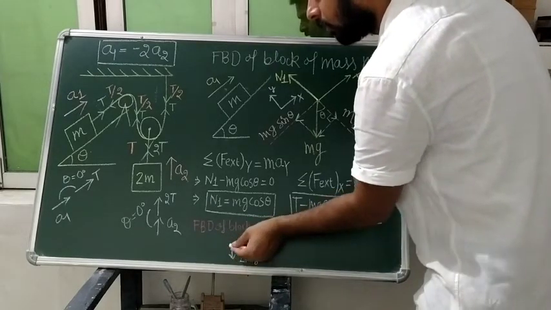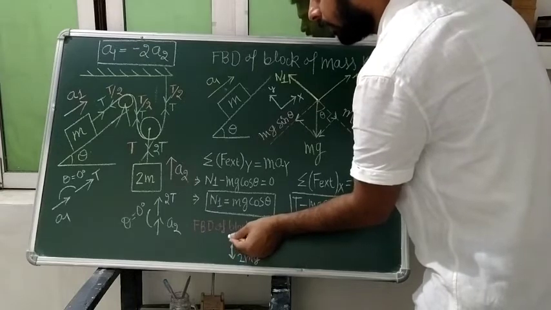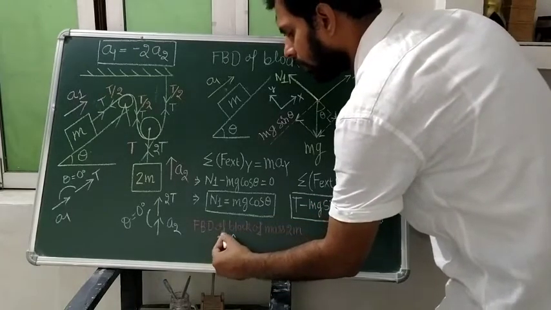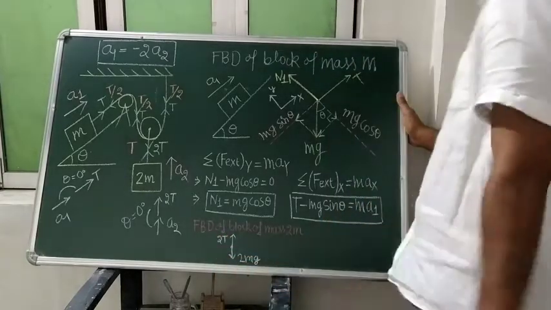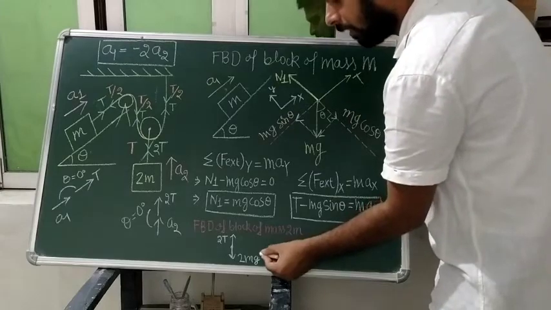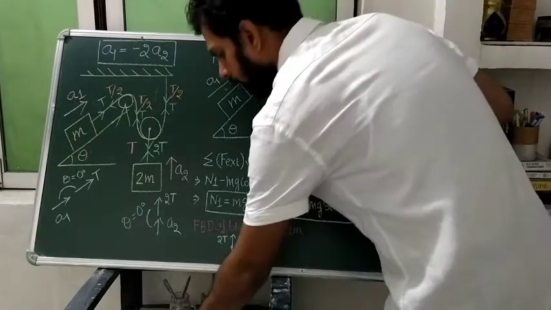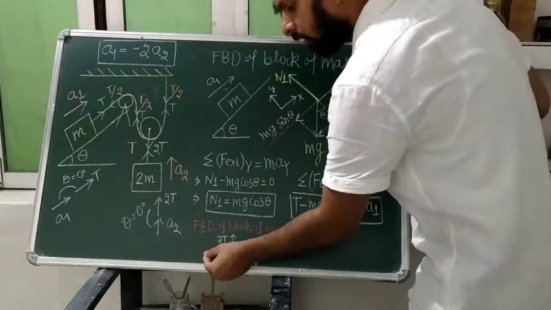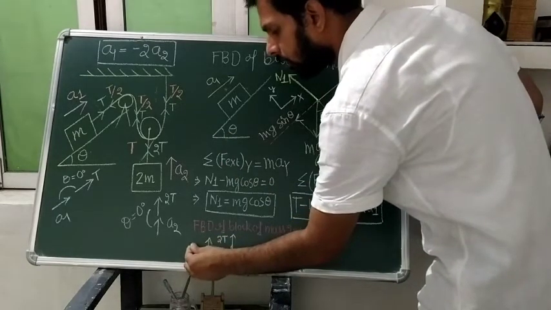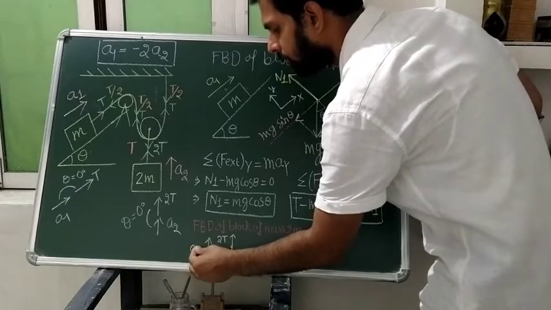Tension is twice of the T, so 2T is acting upside, and the body is accelerating with A2 acceleration. We have assumed it, so we can find this A2.